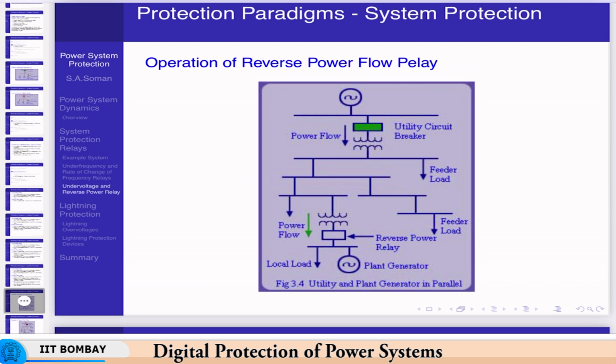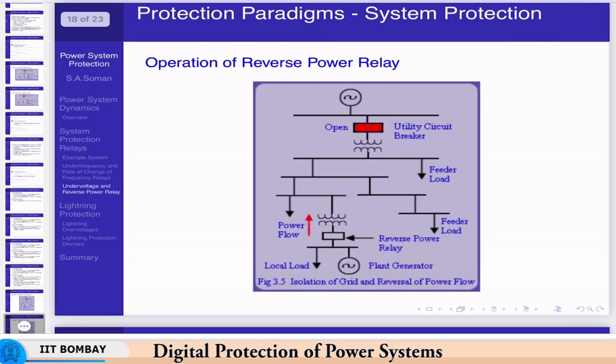If the reverse power and under frequency occurs, then there will be an islanding decision. In this case, this is the normal operation of the plant, where the utility supplies some part of the load, and the generator also supplies a part of that load. Now, if there is some fault on the utility side, then the power flow will be reversed.